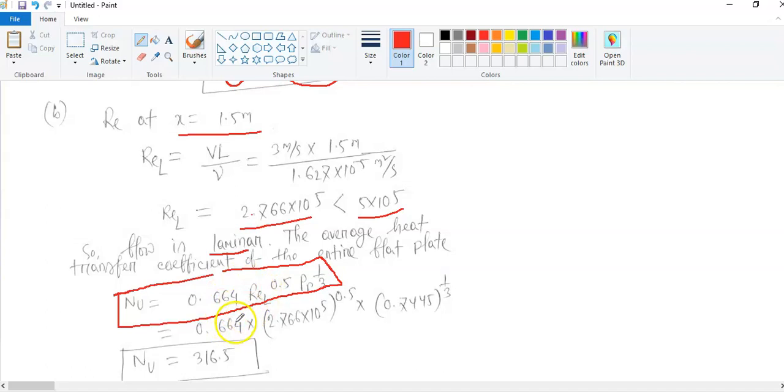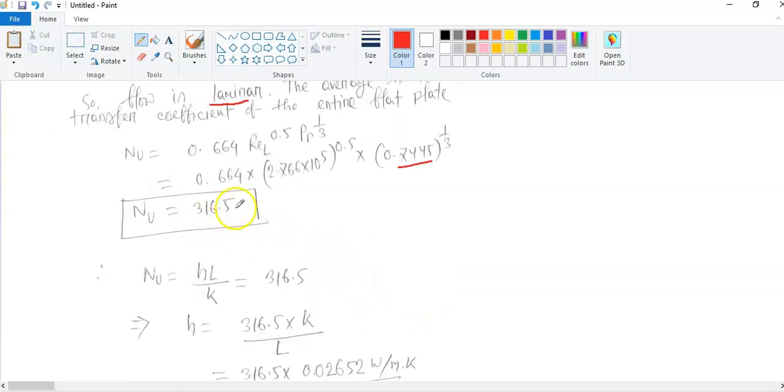So we substitute the values for the Reynolds number that we calculated, and the values for the Prandtl number. Once I did that, we got the Nusselt number as 316.5. Same thing, we write Nusselt number equals h L over k, where L here is the whole length, the entire length of 1.5 meter.